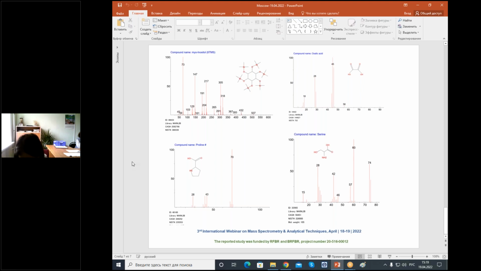Myoinositol is necessary for the synthesis of the substances involved in the transmission of intracellular signals from receptors. It is a vitamin-like substance that affects metabolism and normalizes the levels of sugar and insulin in the blood.